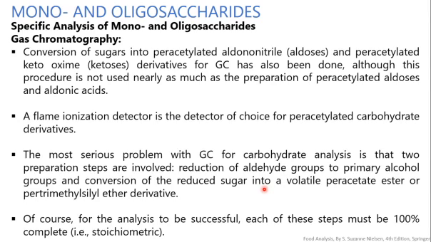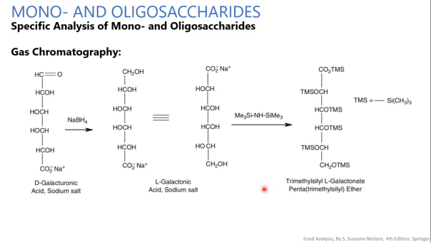So there must be a stoichiometric conversion. If some amount of reactant remains, then it will cause some kind of interference in the analysis. That's why there must be 100% conversion of reactant into the product.